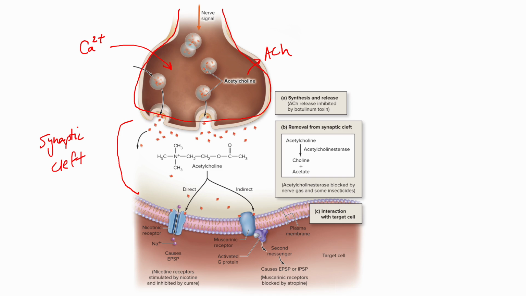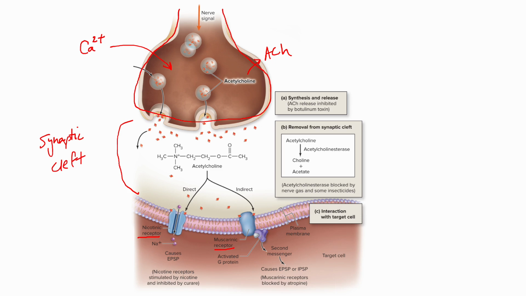Acetylcholine is also present in our autonomic nervous system. We'll learn more about that when we cover the autonomic nervous system. But there is more than one type of receptor that acetylcholine will bind to. One of those is called a nicotinic receptor, and the other shown here is a muscarinic receptor.